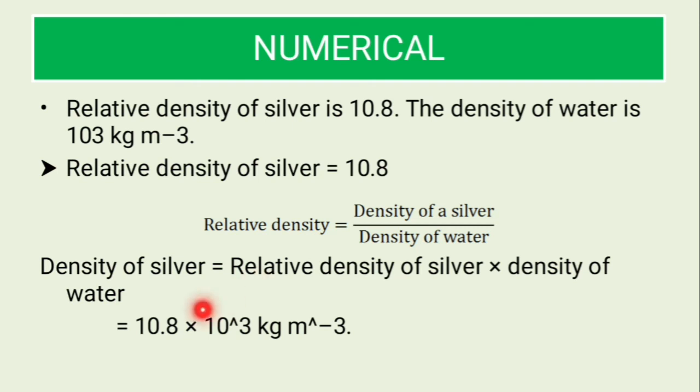You can consider this as order of magnitude and this is the number. So 10.8 into 10 raised to 3 kg per meter cube is your final answer. You can keep this as it is, or else you can also write 10,800 kg per meter cube. It's okay, both the things are allowed.